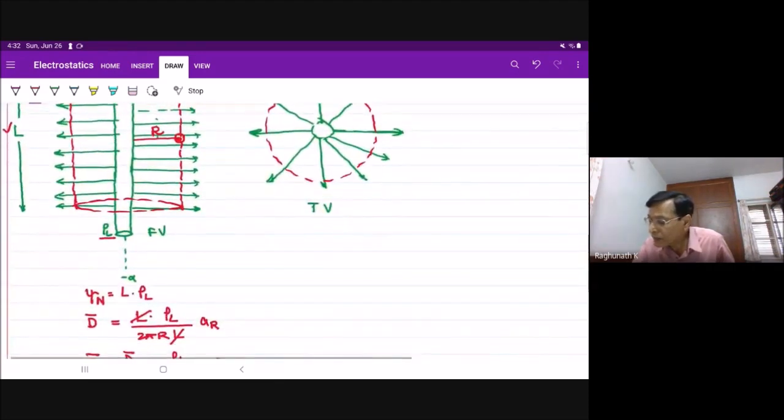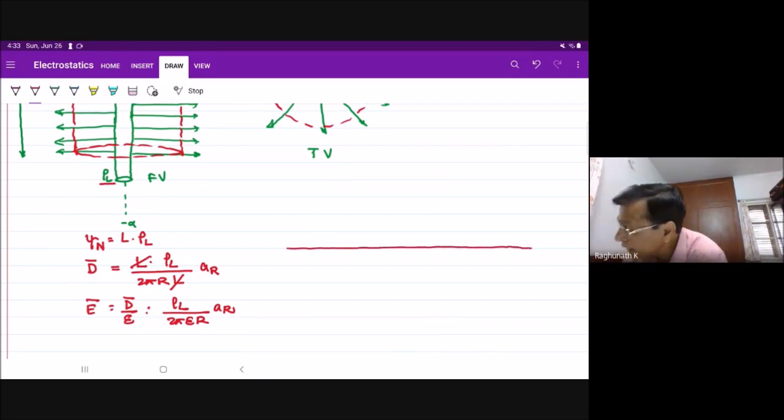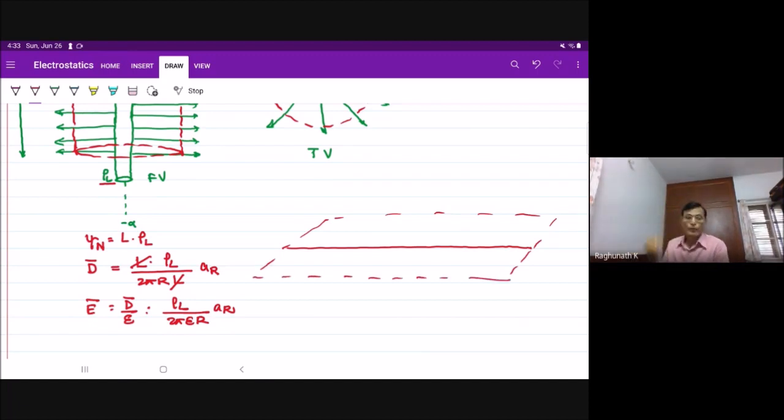Now, the second case. We consider infinite sheet charge. I will show it like this only. Sheet going like this. So the page and half above. I will just show it by a line. That's what I can see.